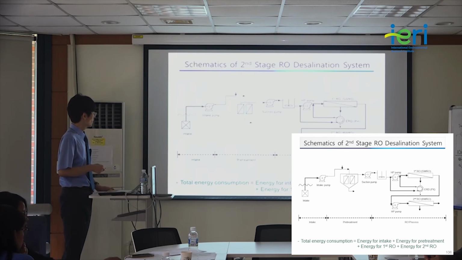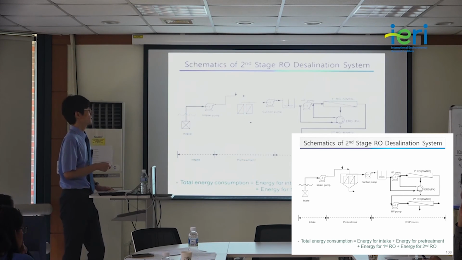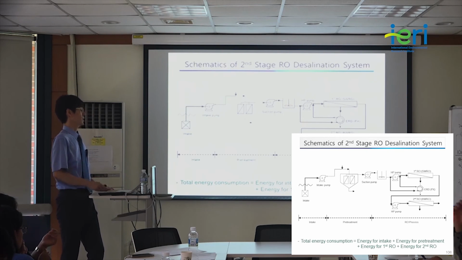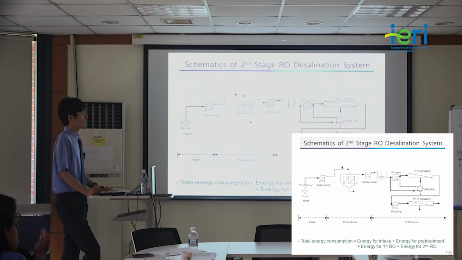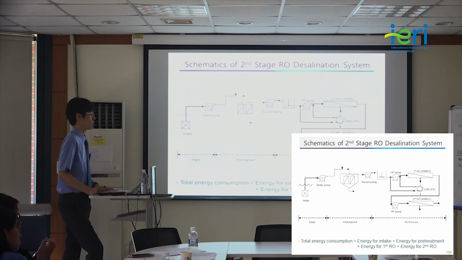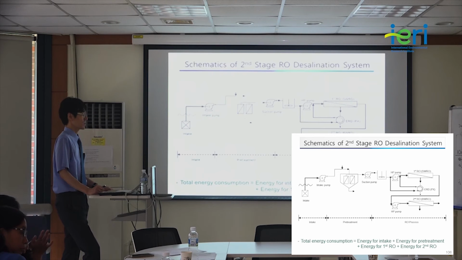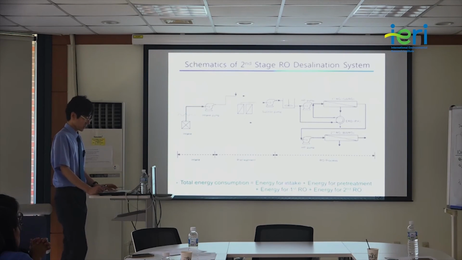So in this case, the total energy consumption is the sum of the energy for intake plus some energy for pre-treatment and energy for first reverse osmosis and energy for the second reverse osmosis. So you see how each unit process energy consumption changes with the changes of the operating conditions.